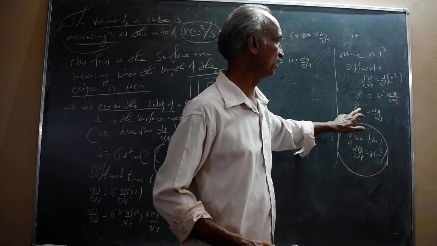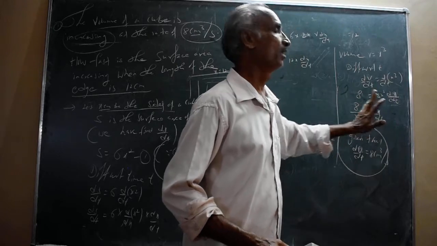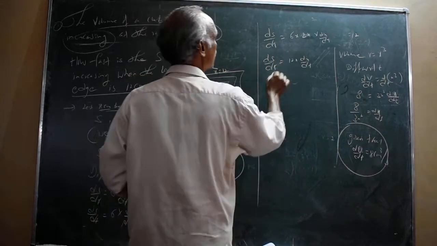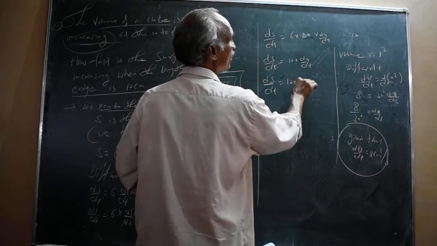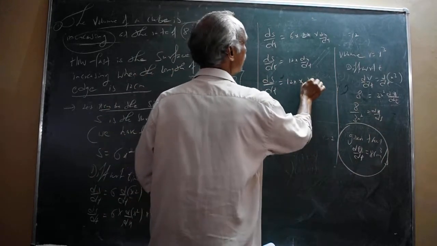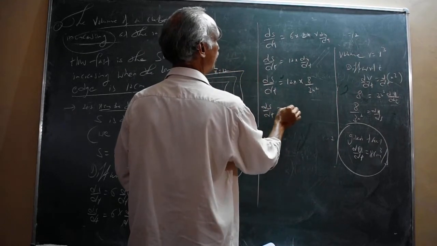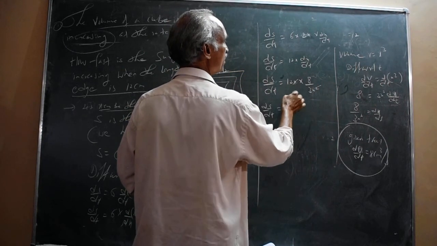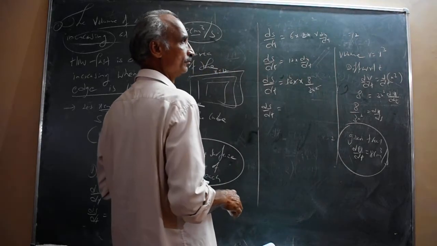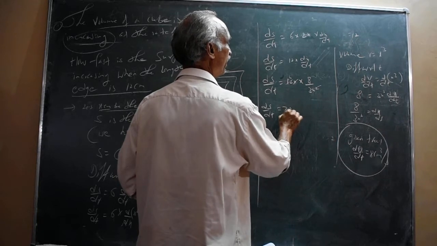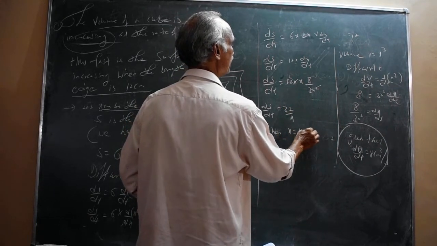Substitute dx by dt: dS by dt is equal to 12x into 8 upon 3x squared. The x cancels: 3 ones are 3, 4 eights are 32, so dS by dt is 32 by x. Now take when x is equal to 20 centimeters.